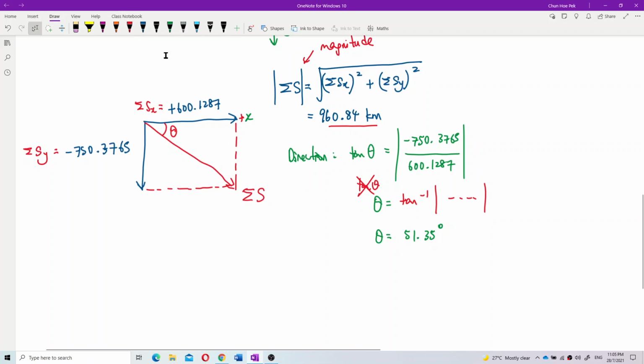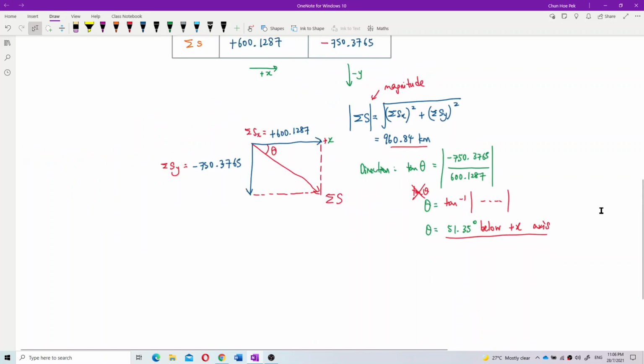But sometimes the vector goes to the other side, and you need to refer to the negative x-axis, above or below the negative x-axis. In this case, we got the resultant displacement below the positive x-axis. So here you must add 51.35 degree below positive x-axis. That is our complete direction.